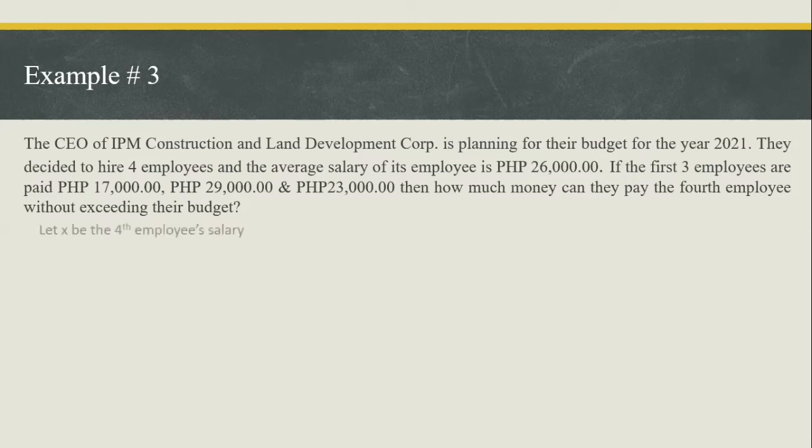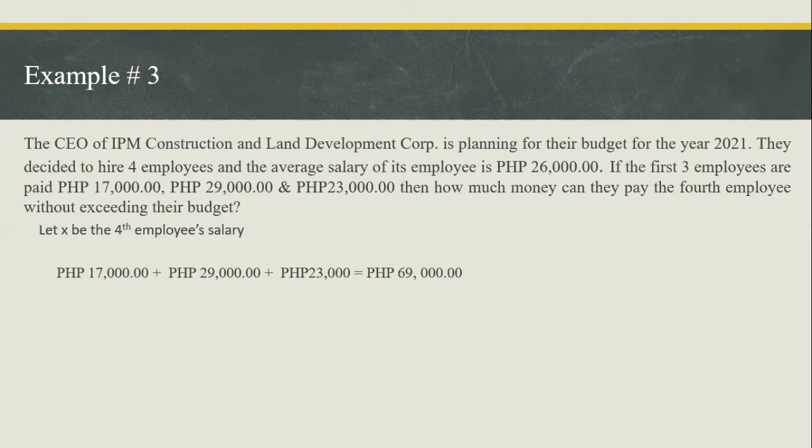So we let x be the fourth employee's salary. In order to get the answer, we add the salaries of the first 3 employees. So 17,000 plus 29,000 plus 23,000 equals 69,000 pesos. And we need to get the average of 26,000.